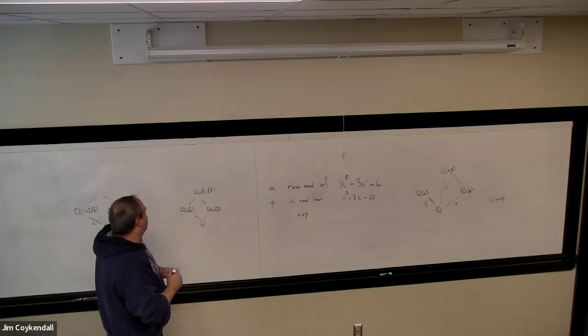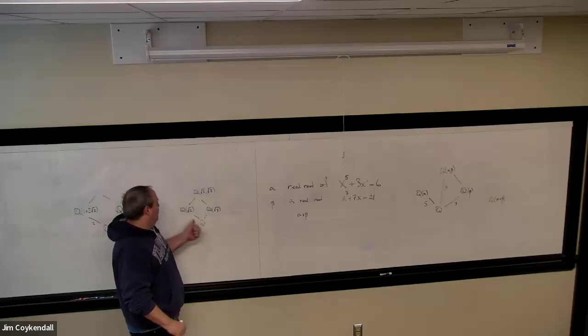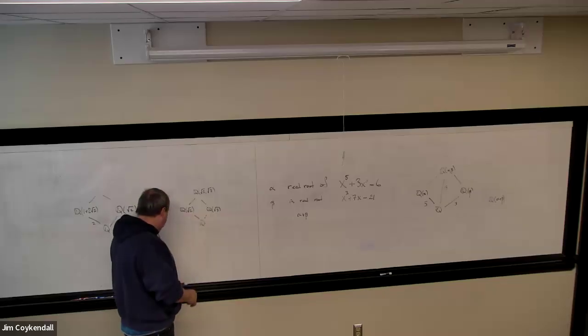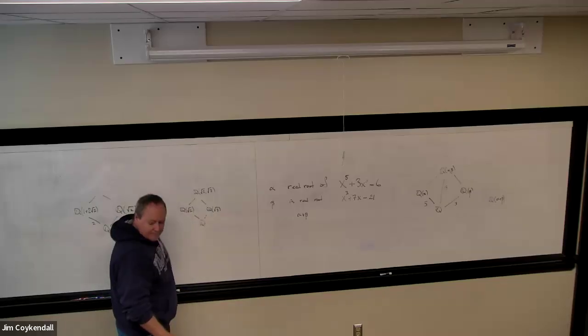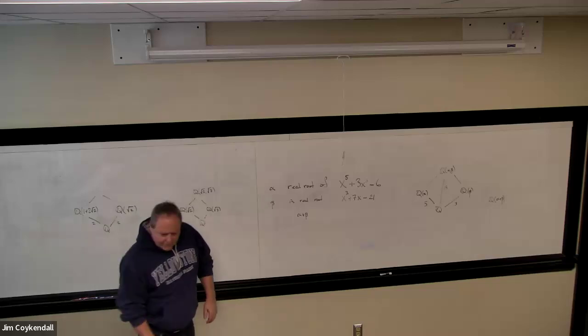Basically, one way to see this is you can prove that when you make this jump here, radical three is not in there. In fact, let me prove that just for giggles.